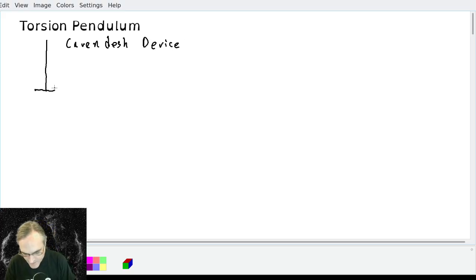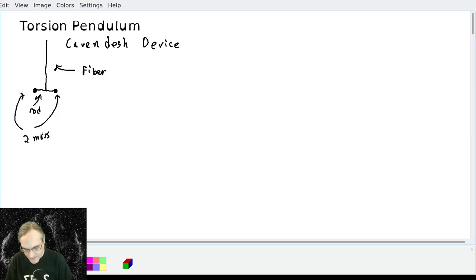It was used to measure gravitation, and it was a fiber and then a rod with two masses, a mass on each end. And I said at that point that this is a torsion pendulum.